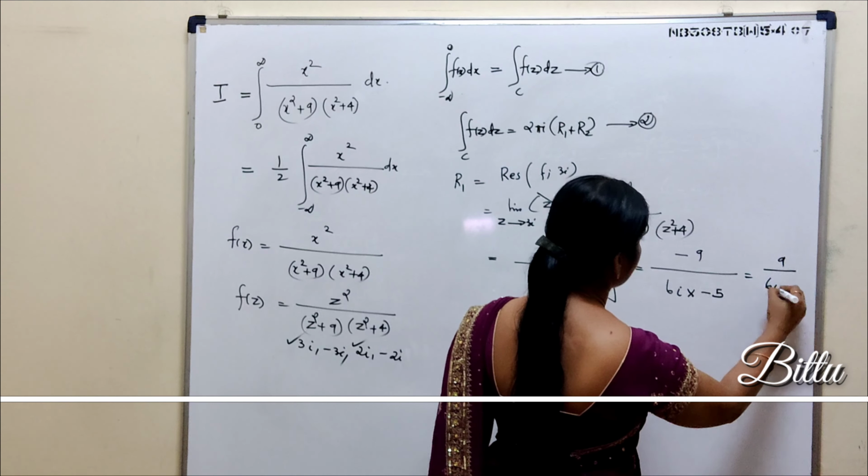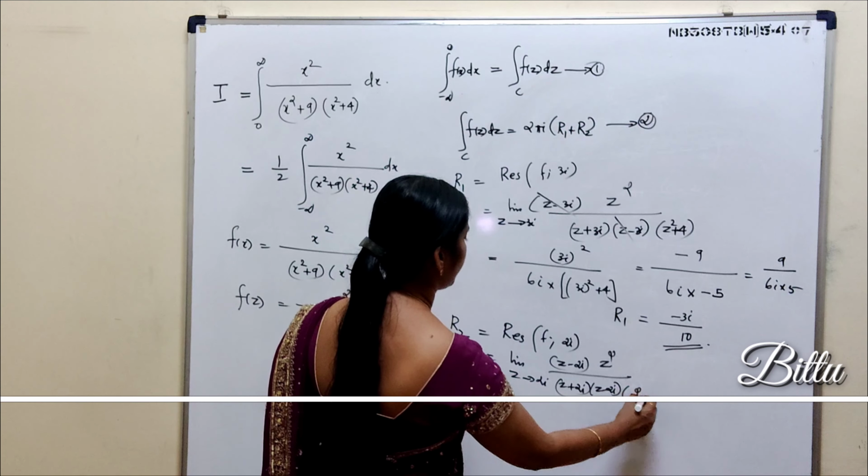That is minus 3i by 10. R1 is minus 3i by 10. Similarly R2, the residue of f at 2i, is the limit as z tends to 2i of (z minus 2i) into z square by (z plus 2i) into (z minus 2i) into (z square plus 9).